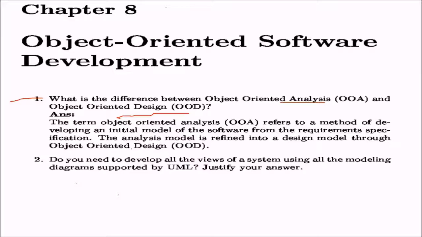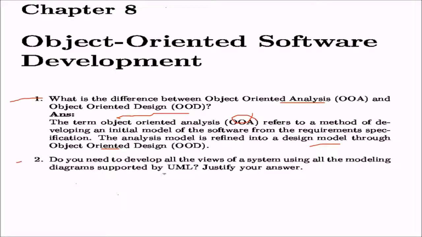While in OOD, the analysis model is then refined into a design model. So the analysis model is created by OOA, then the refinement of this initial model is done through object-oriented design.